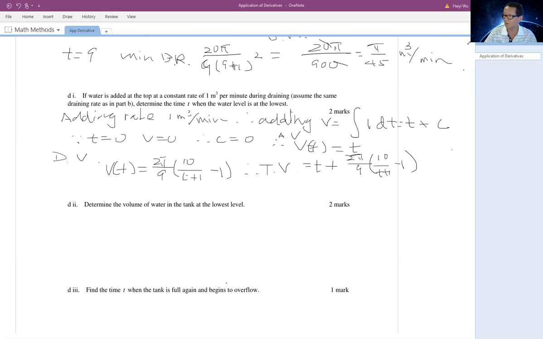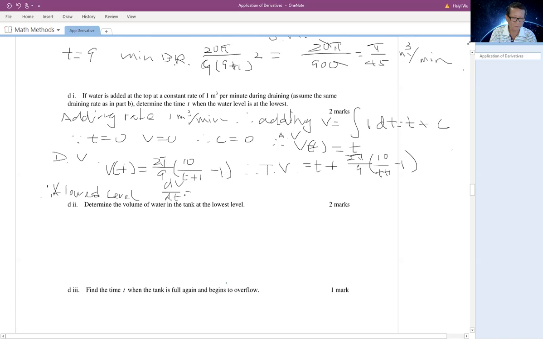So let's have a look. At the lowest level, we know the differentiation must be equal to 0. So dV/dt must be equal to 0, because the lowest level means the rate of change becomes 0.